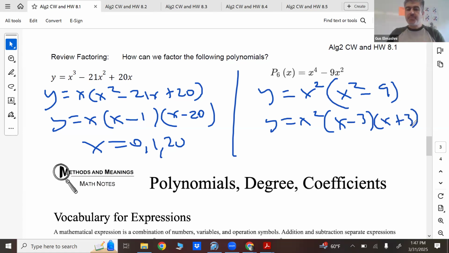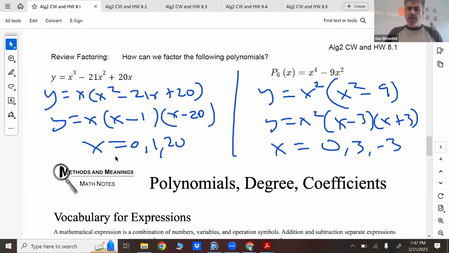And my x-intercepts would be 0, 3, and negative 3. By the way, there's going to be a bounce at 0 because it's squared. X equals 0, because you pull out an x. When you plug in 0 for x, it makes y 0.